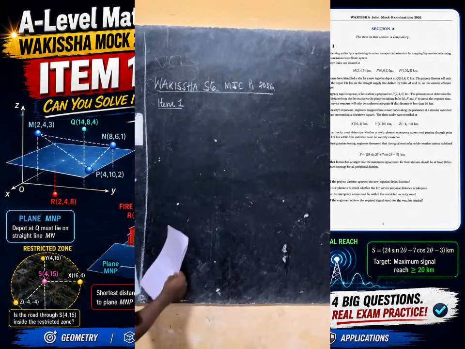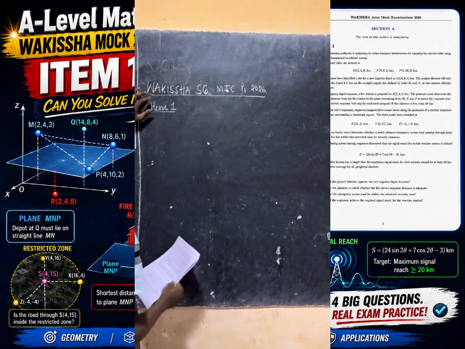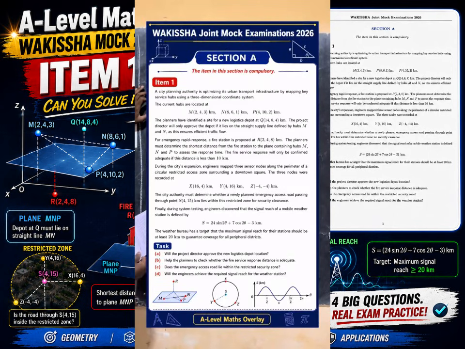Let's go through WAKISSHA Senior 6 Math Paper 1, 2026, Item 1. The city planning authority is optimizing its urban transport infrastructure by mapping key service hubs using a three-dimensional coordinate system.